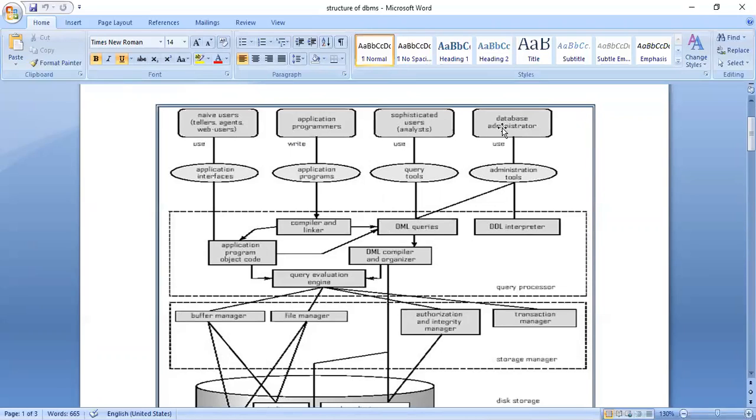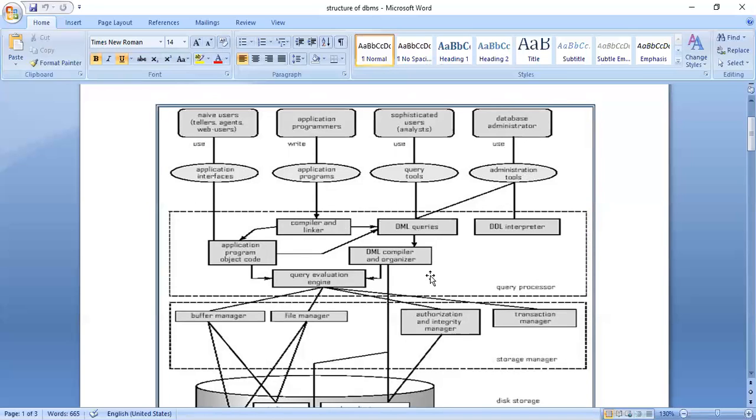The database administrator is the person who is the main reason for maintaining the entire database, the main administrator of the entire database. He uses various administration tools, and these tools work with DML queries and DDL interpreters. These are again connected to various other parts of the system.